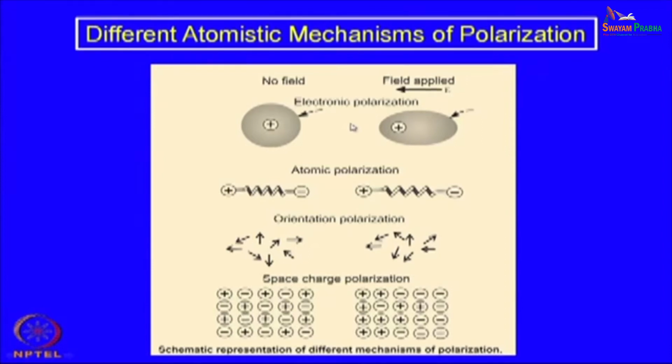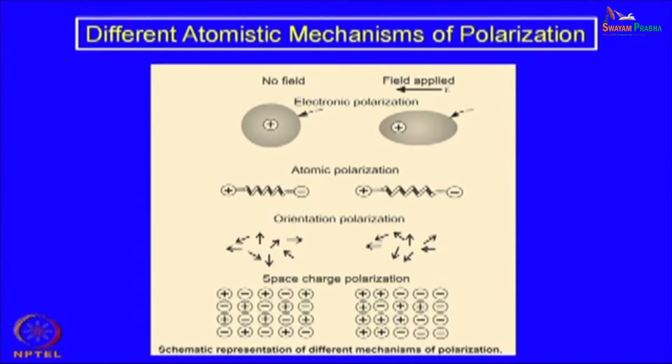On the left, we have a situation when there is no field. So, it is an equilibrium situation, no field is applied. On the right, the situation when a field is applied. When you are considering electronic polarization, we are focusing our attention on each individual atom.